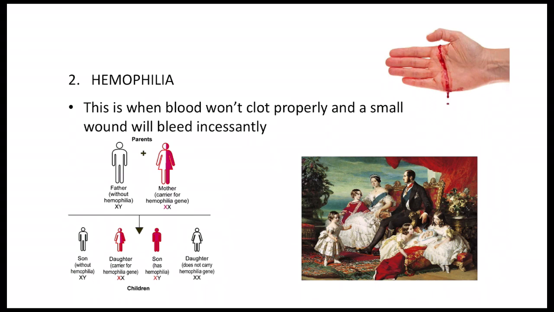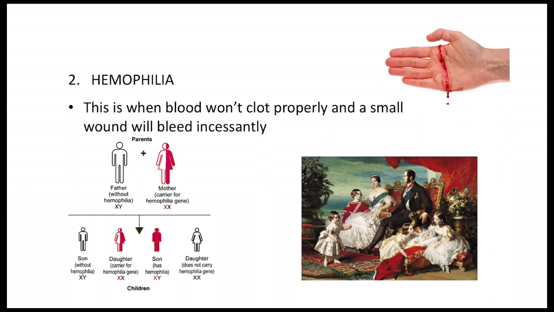So what that means is, for example, if you were to get a paper cut, it would bleed more than the average person without the condition. But a more serious cut, because obviously a paper cut will eventually stop, but a more serious cut would keep bleeding and cause major problems. Again, with hemophilia, females are more likely to be carriers than they are to actually have the disease.